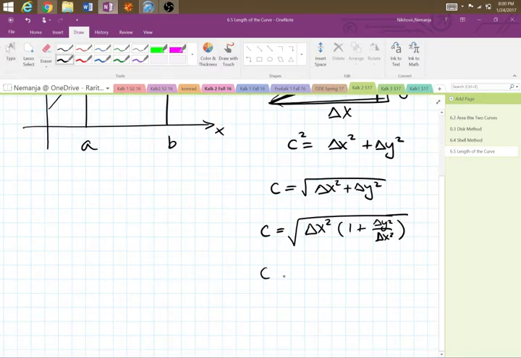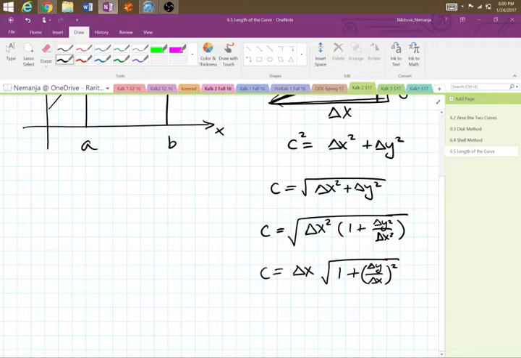Now delta x squared goes outside as delta x, and we are left with 1 plus delta y over delta x, everything squared. So this is the length of the single piece.